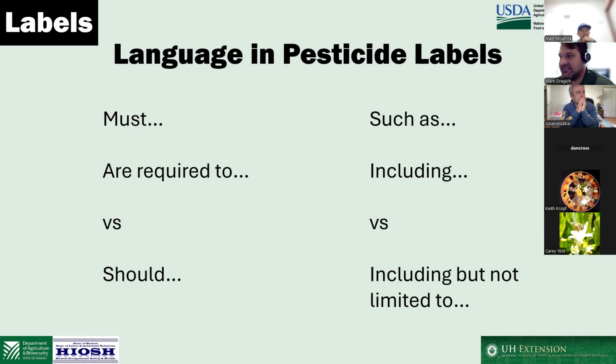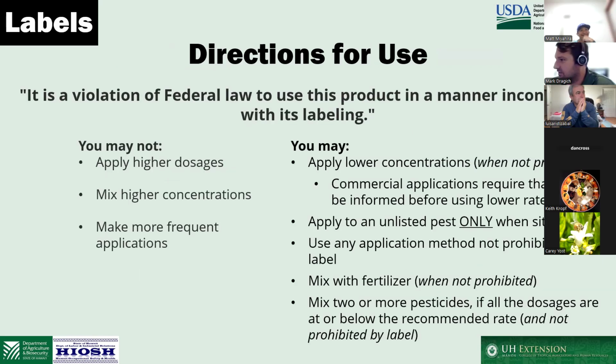So if it says plum fruits, such as apricot and plum, it only means apricot and plum, versus the wording "including but not limited to." So plum fruits, including but not limited to apricot and plum, then everything else applies also, or stone fruit or whatever that is, right? Yeah, we don't have them here, so I don't know.